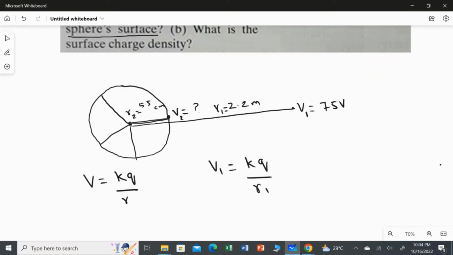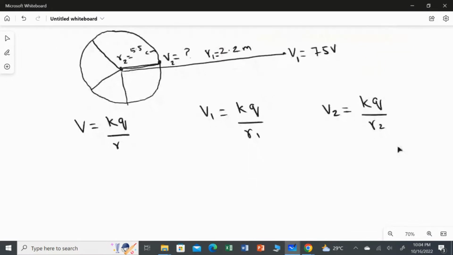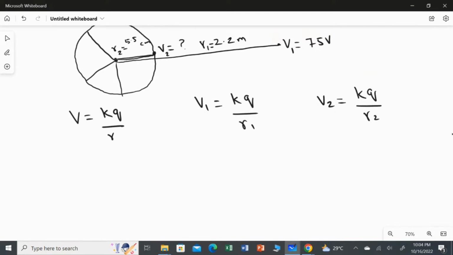Likewise, I'm going to apply the same rule for V2 and R2. The equation becomes V2 equals KQ over R2. Understand? This is my equation 1, and this is my equation 2.